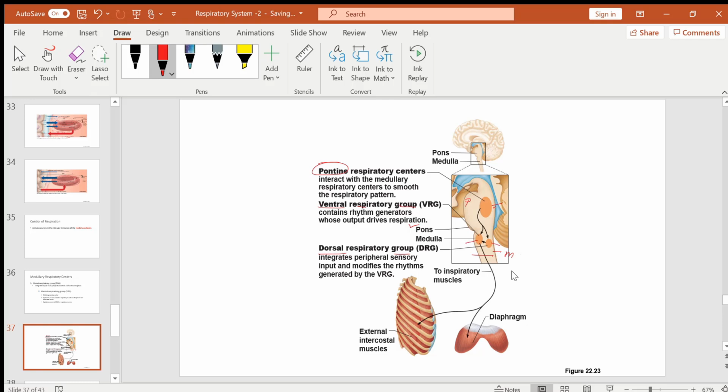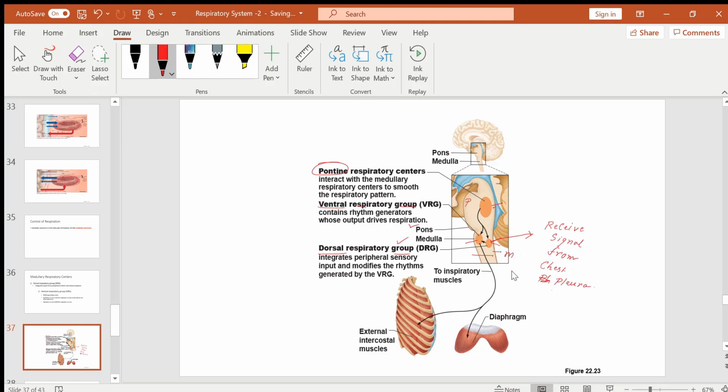Now what happens, the dorsal respiratory group, this one, receives, so these neurons of the dorsal respiratory group receive signal from the chest wall, pleura, the covering of the lung, as well as the lung tissue.